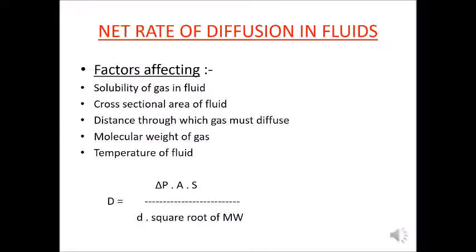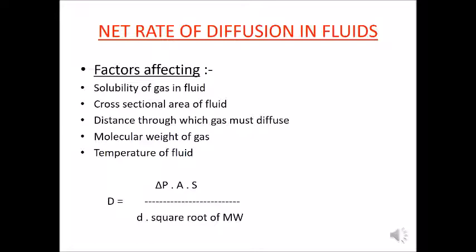So if the distance is more, obviously it will take more time to get diffused. So in a few abnormal conditions like pulmonary edema, the distance will increase because of excessive collection of the fluid at alveolar level. So it will be difficult for the oxygen and carbon dioxide to diffuse in pulmonary edema.